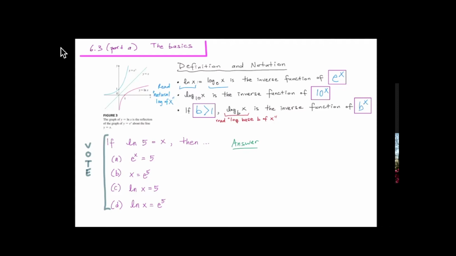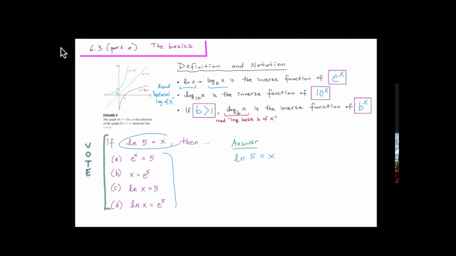Now let's look at this question. We're given that natural log of 5 is equal to x, and we want to check which one of these is true. So first, write down what we know. We know natural log of 5 is equal to x. We also know that e to the x is the inverse function of natural log of x.